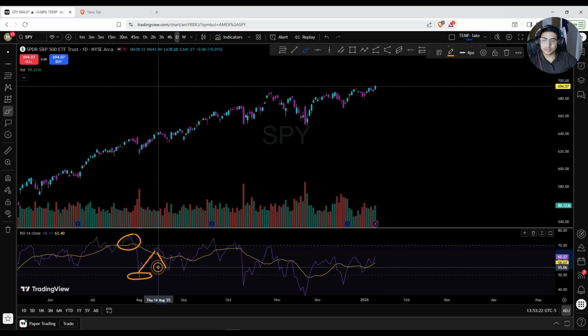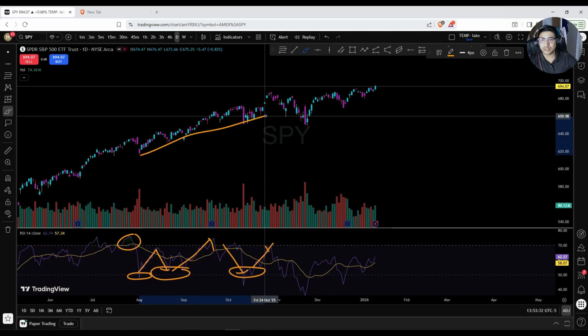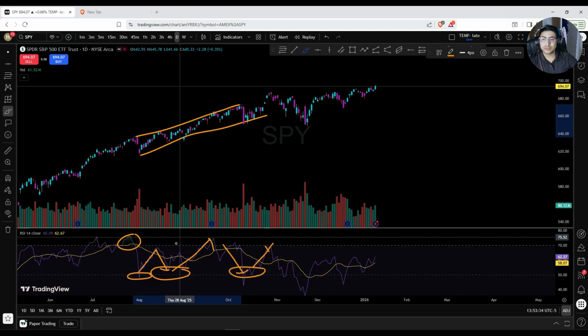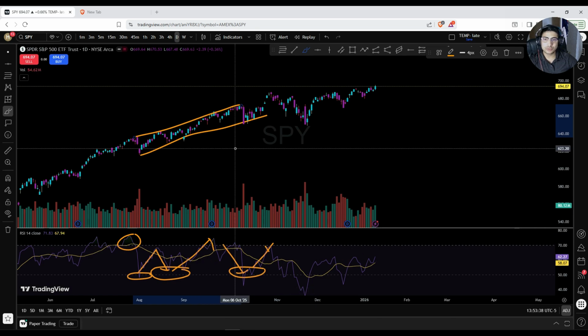It came back down, got support at the 40-50 zone again, and went up. It came back down again, got support at the 40 to 50 zone, and went up again. That means the market was in an uptrend for a long time, even though the RSI was moving up and down, because it got support at the 40 to 50 zone.